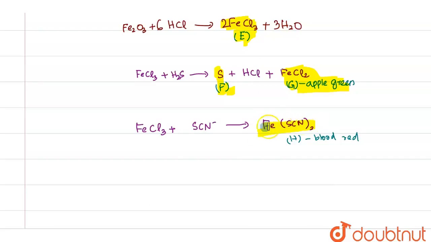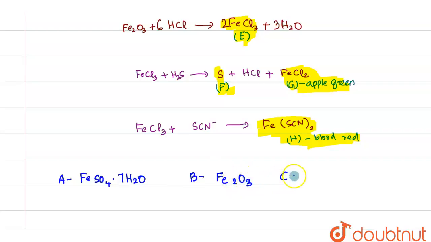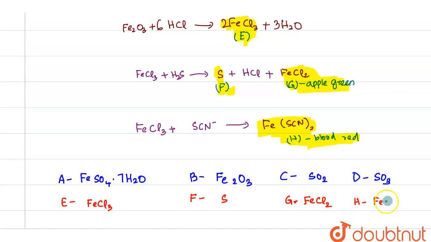H was the blood red complex, FeSCN twice. So these were our answers.